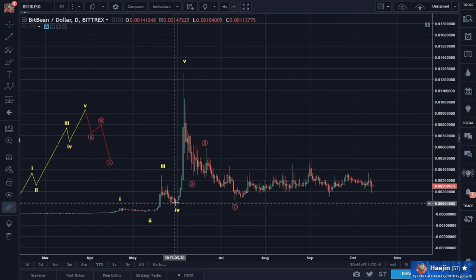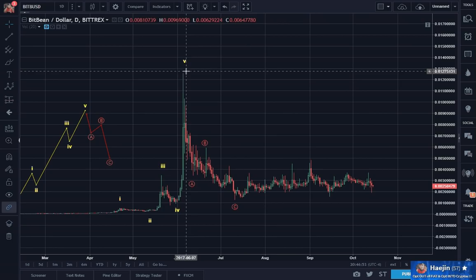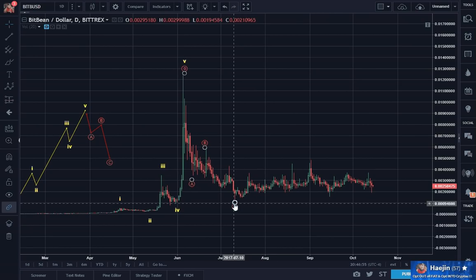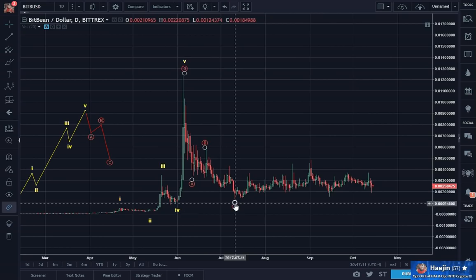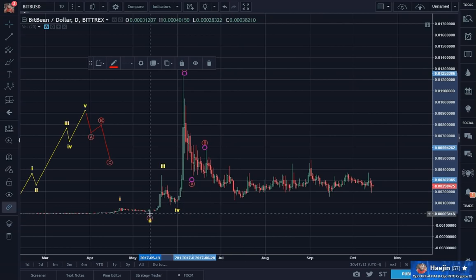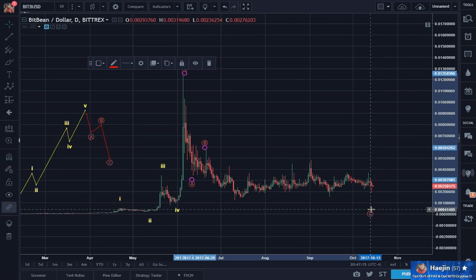But usually when wave 5 is extended like this, the correction is deeper than this. Correction for wave C here is at the level of prior wave 4. But when the wave 5 is extended so dramatically and goes near vertical, wave C usually goes to wave 2. As low as wave 2. So somewhere here, let's say.